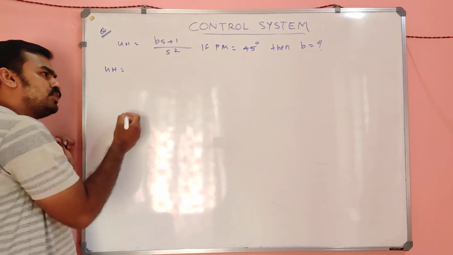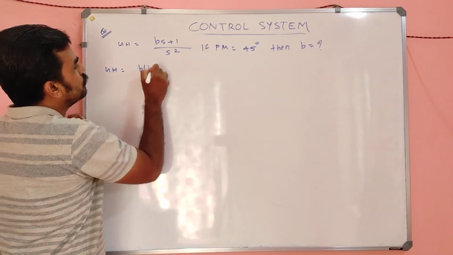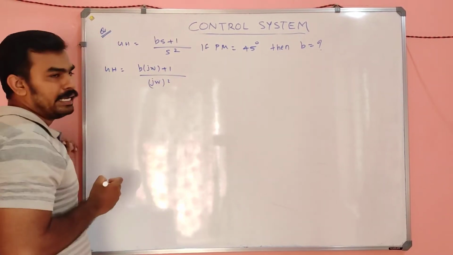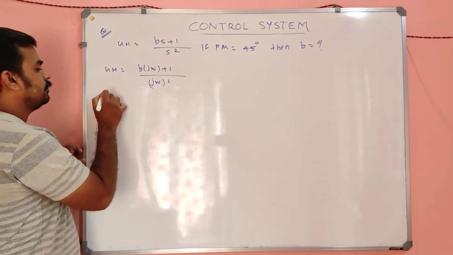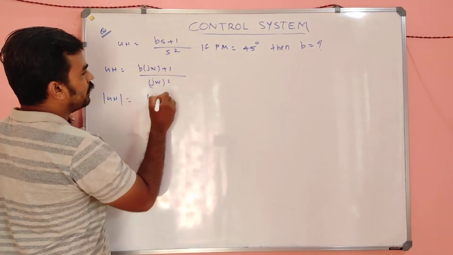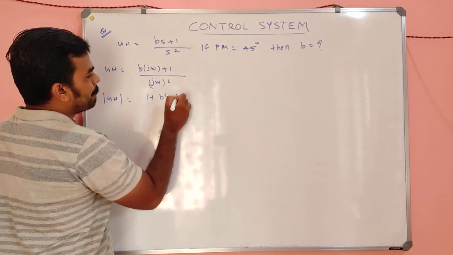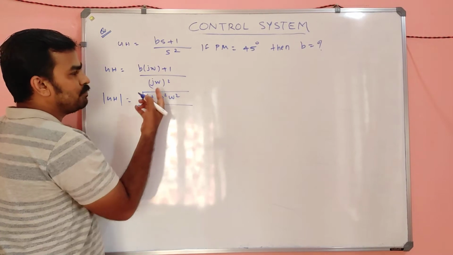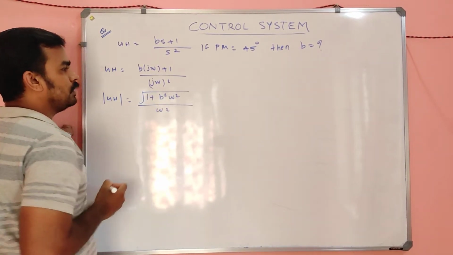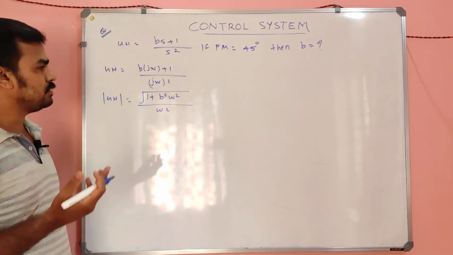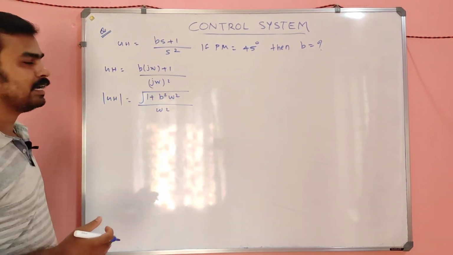Put s is equal to j omega. Okay, so (B into j omega plus 1) whole divided by omega square. Am I right, my dears? Then what is the magnitude of GH, which is nothing but the magnitude of the numerator, root of (B square omega square plus 1), divided by the magnitude of the denominator, which is simply omega square, because j square equal to -1, the whole square is again +1, so omega square will be the magnitude.